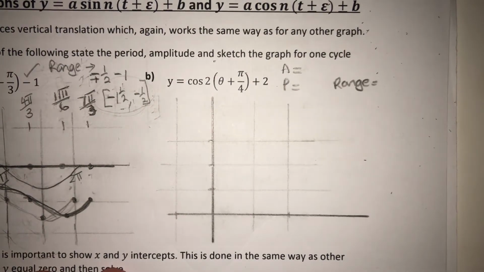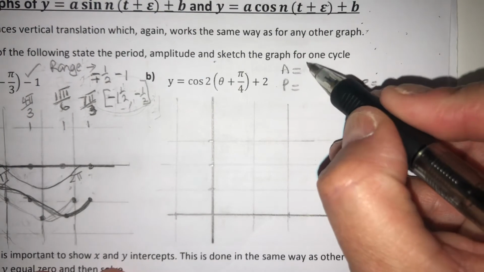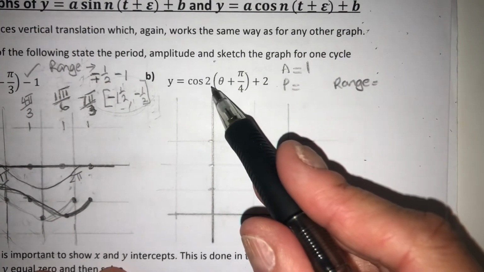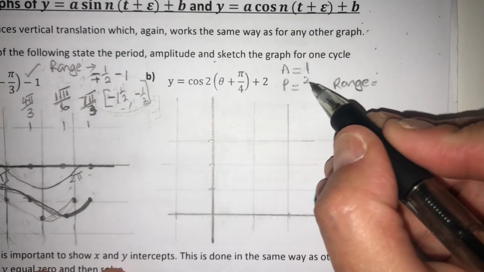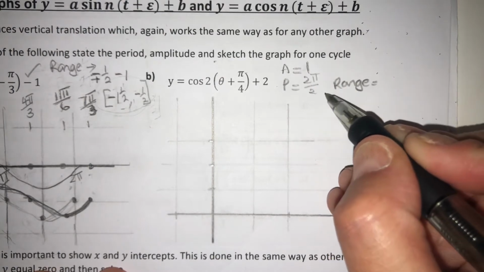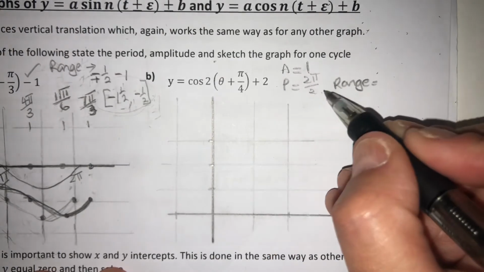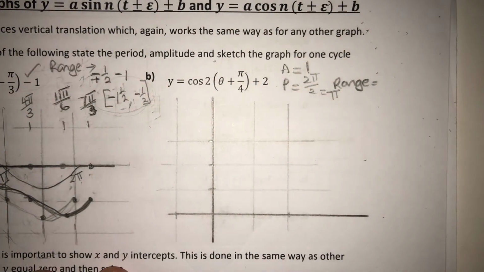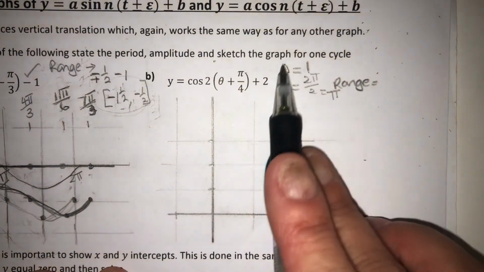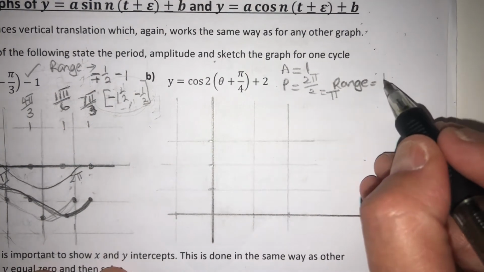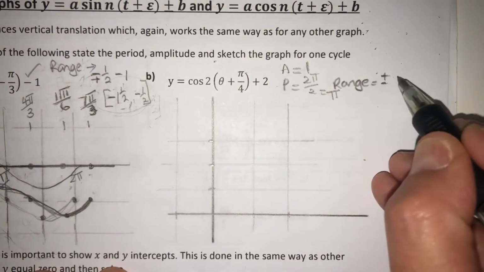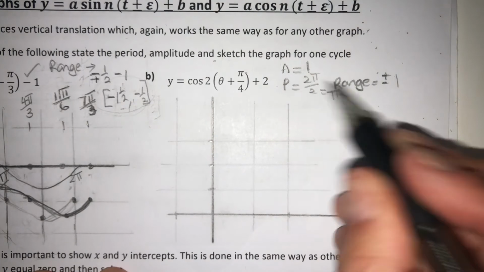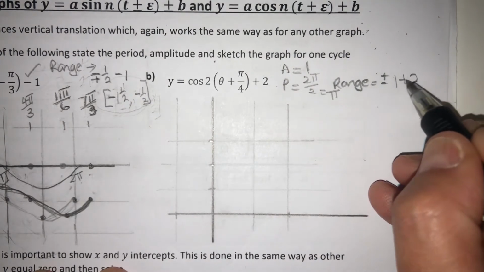Once again, our amplitude out the front is 1, and our period this time is going to be 2 pi divided by 2 because of this 2. So our period is going to be pi. Now, because our amplitude is 1, that means we will start from a plus and a minus 1, and we're going to end up adding 2 at the end.